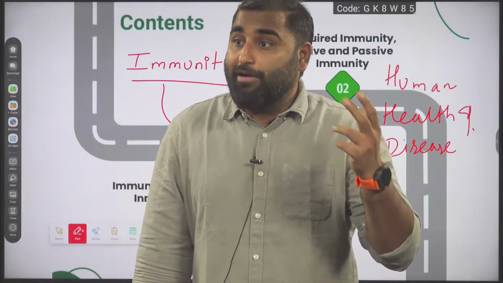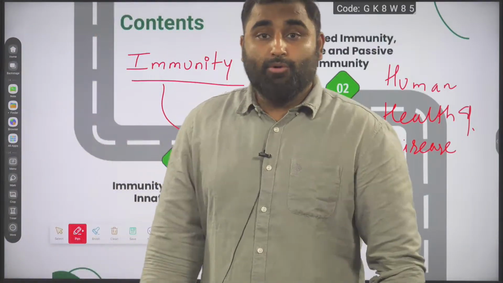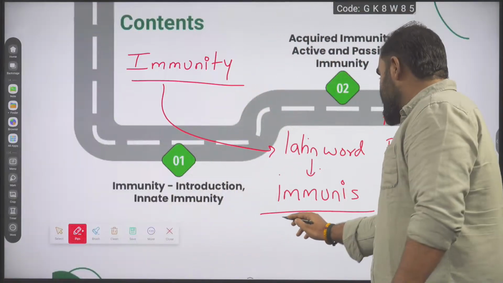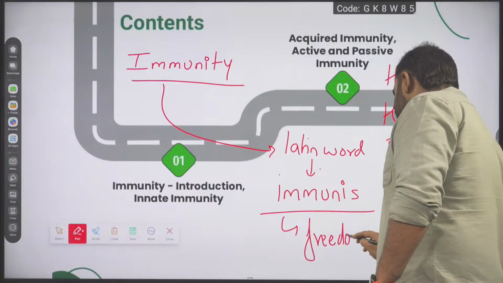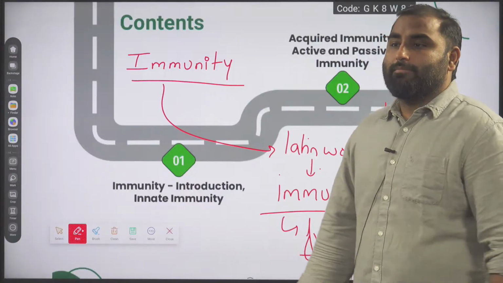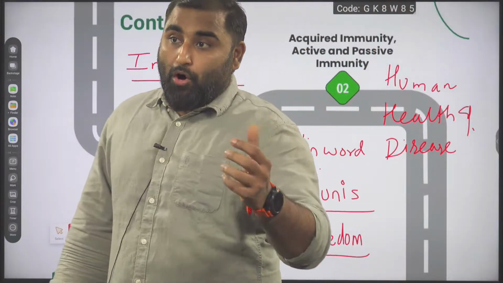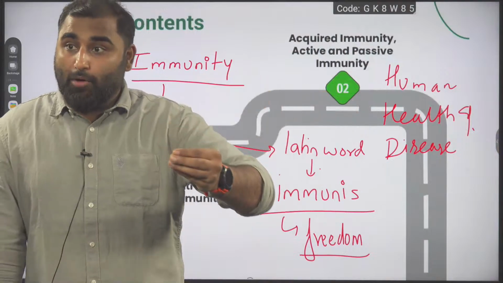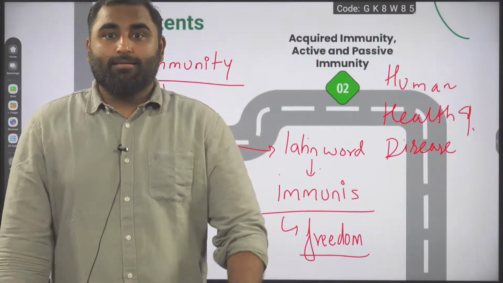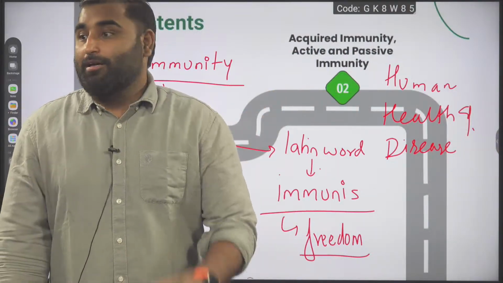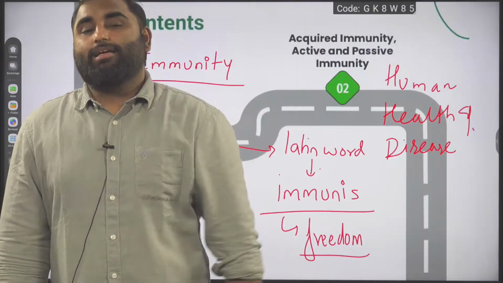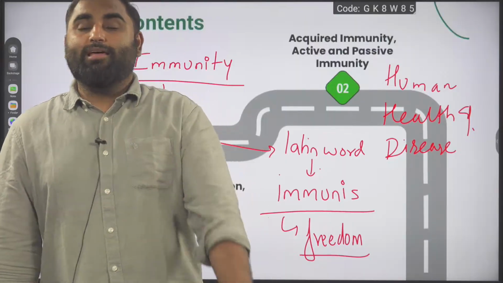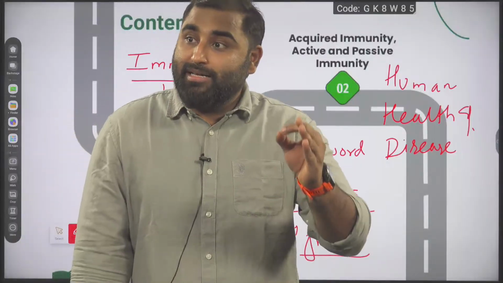Immunis means freedom, or exempt. Freedom from what? Freedom from diseases. So immunity is providing you freedom from diseases.